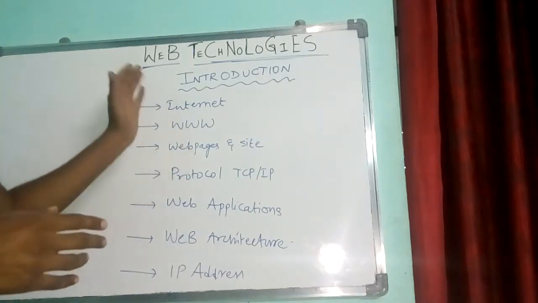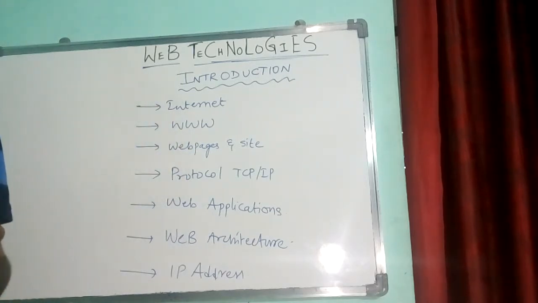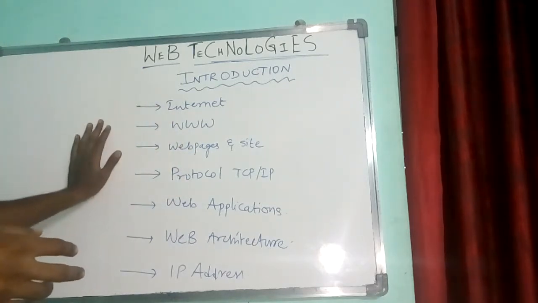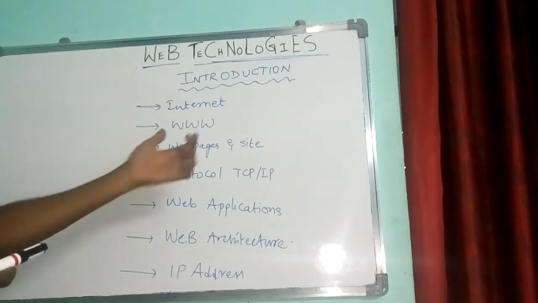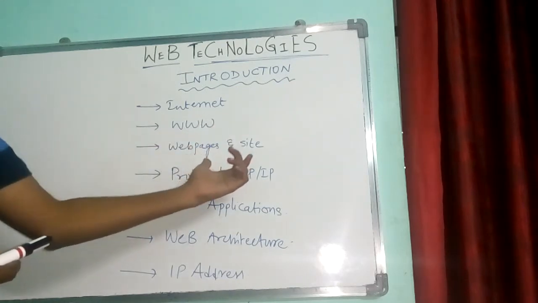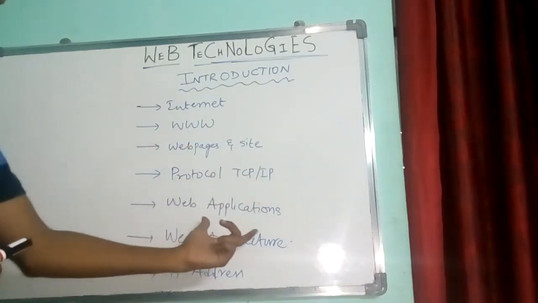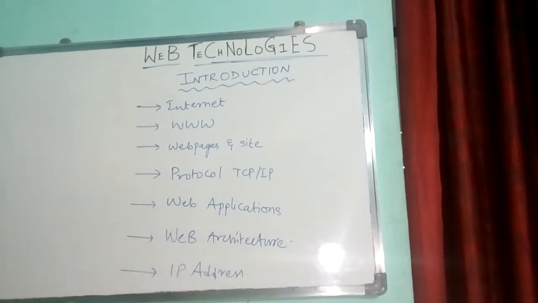Now here we have the introduction and the topics related to this part. The first part is internet, www, web pages and sites, protocols, web applications, web architecture and IP address.